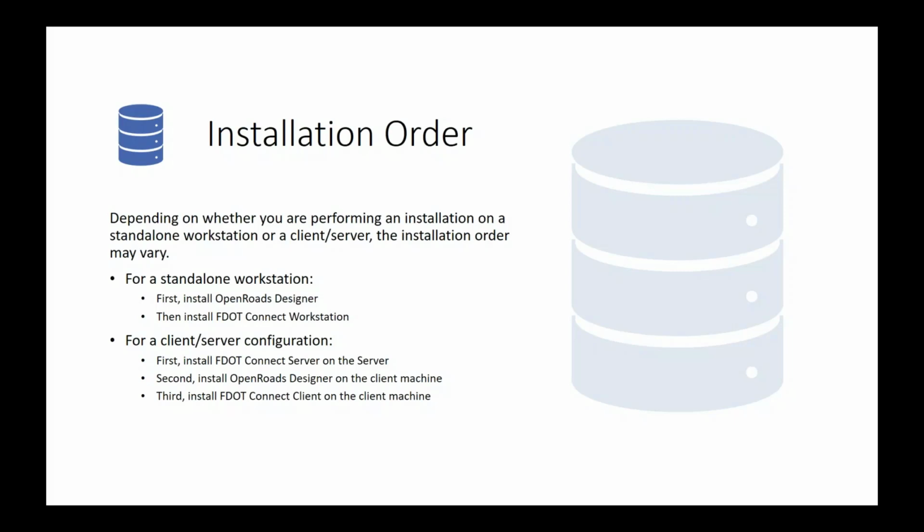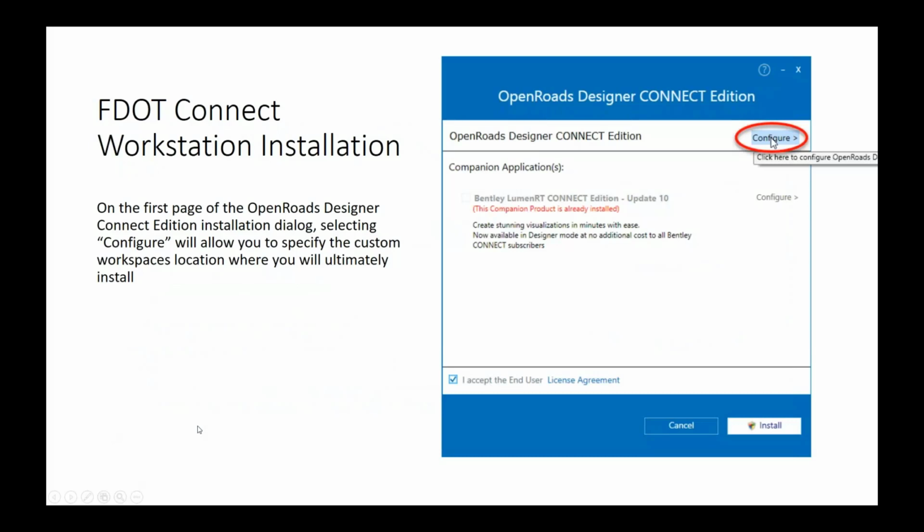Then you install OpenRoads Designer on the client machine, pointing OpenRoads Designer to the server during that installation, and then you install FDOT Connect client software. Once again, a typical client installation would be to the C FDOT Connect folder, like you'd have your FDOT SS4 client installation right there on C. And of course, after any installation, I'm probably going to say this several times during the webinar, it is recommended, well, more than recommended, required for you to restart your computer.